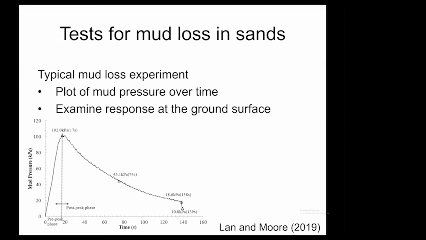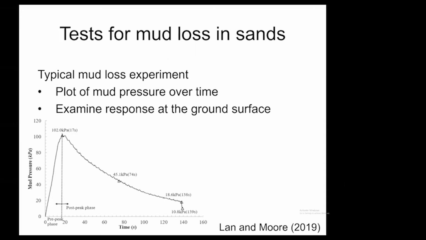On the vertical axis, I've got mud pressure recorded in the borehole in kilopascals, and on the horizontal axis, we're showing the time of the test. And you can see that the mud pressure rises rapidly up to a peak, which in this test was 102 kilopascals, and then over a longer period of time, slowly declines to a value of 10.8 kilopascals.